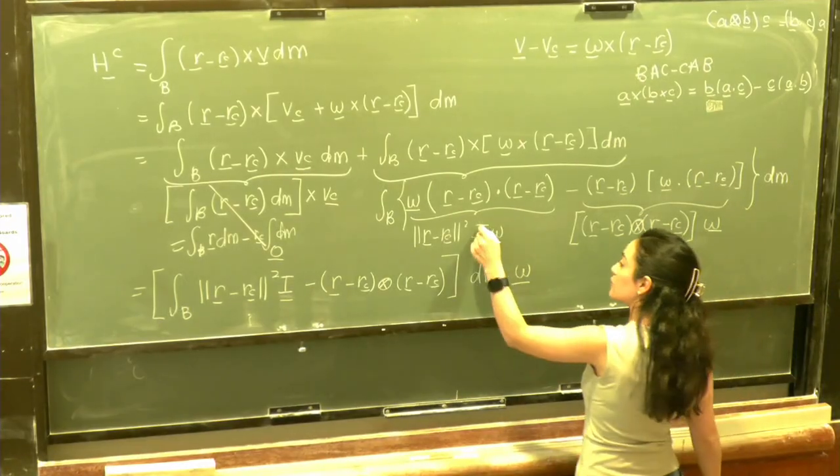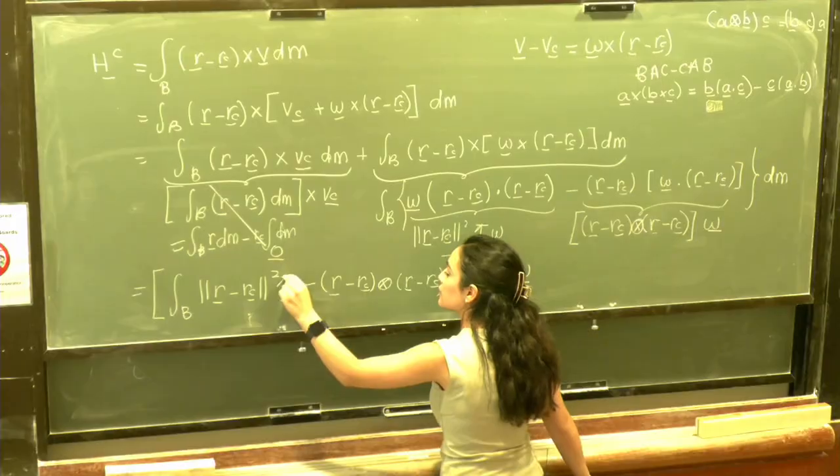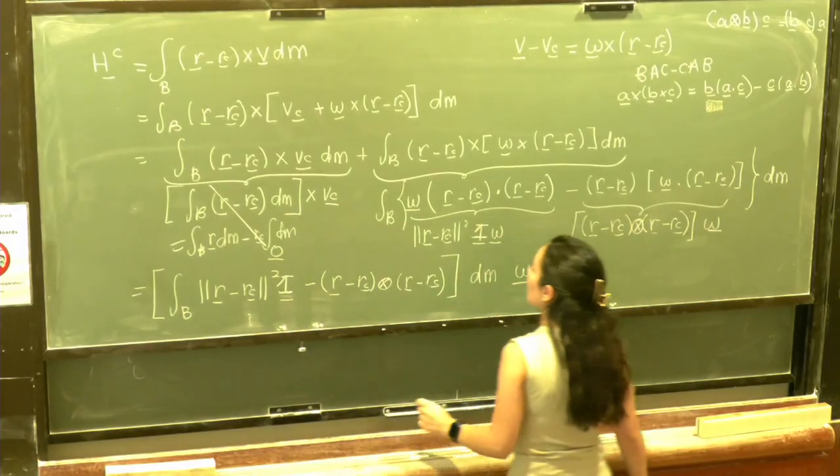I would need to use I, so I'll call the identity tensor, I call it big 1. Identity.